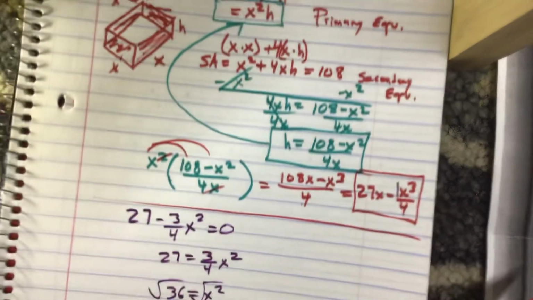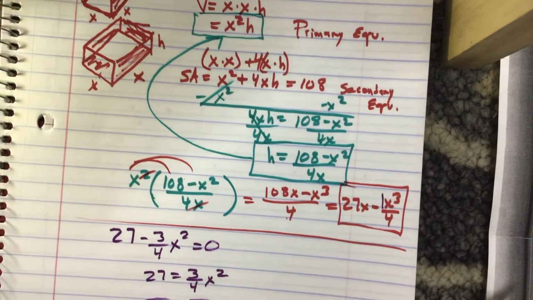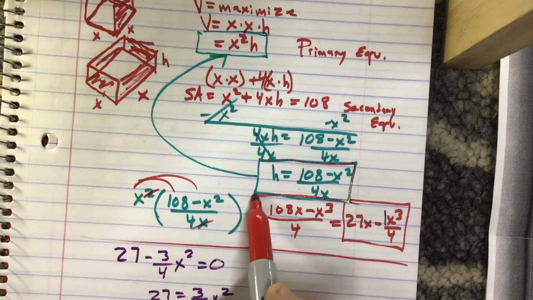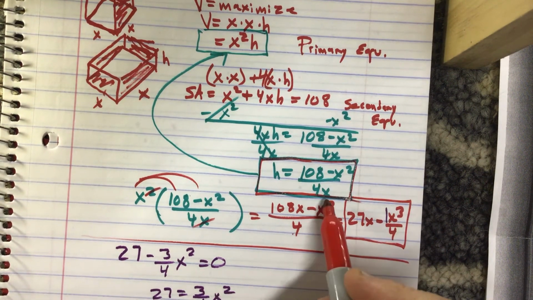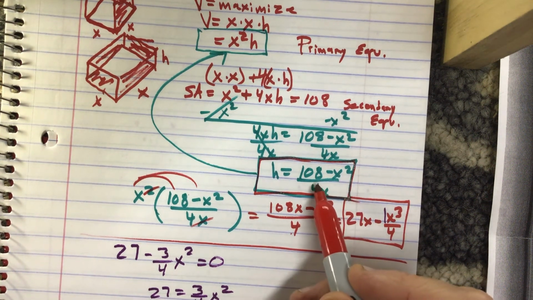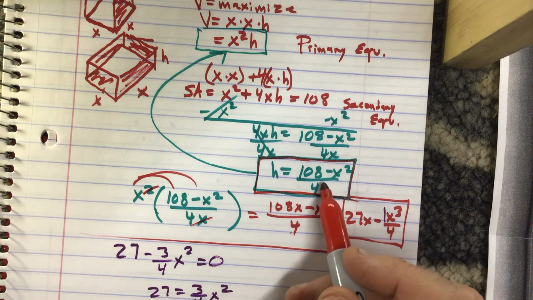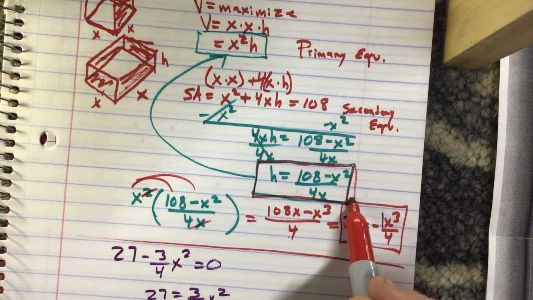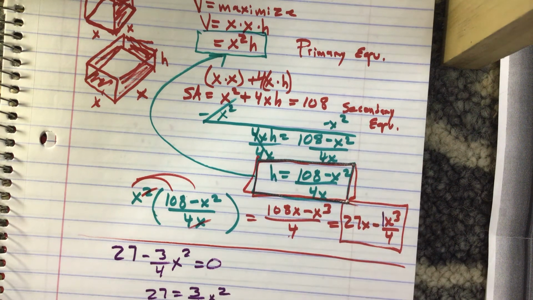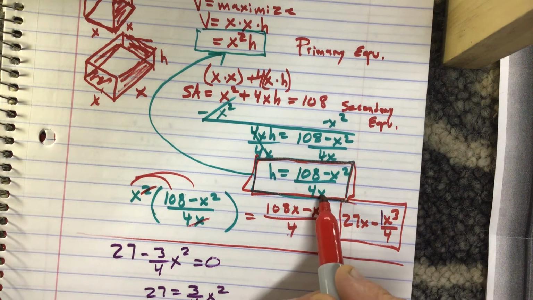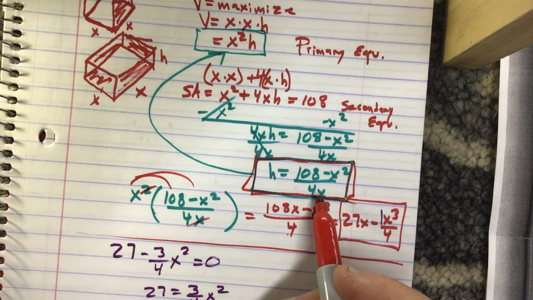If I go back to this equation here, I can figure out what h has to be. If I plug the 6 in here, 6 squared is 36, from 108 that's 72. 4 times 6 is 24. So that gives me 3.